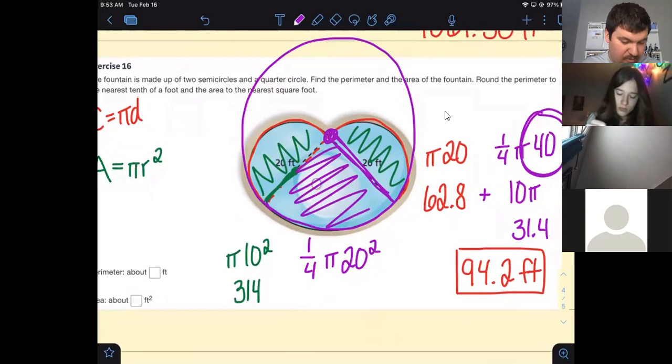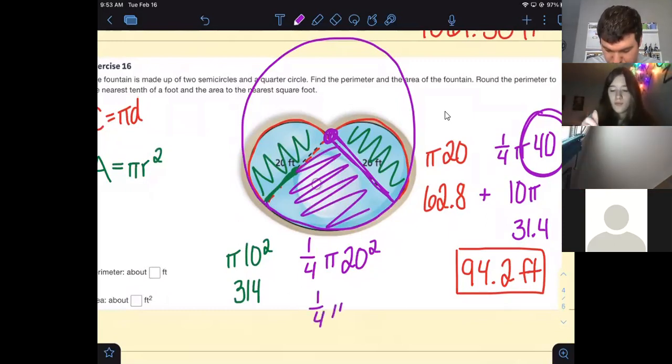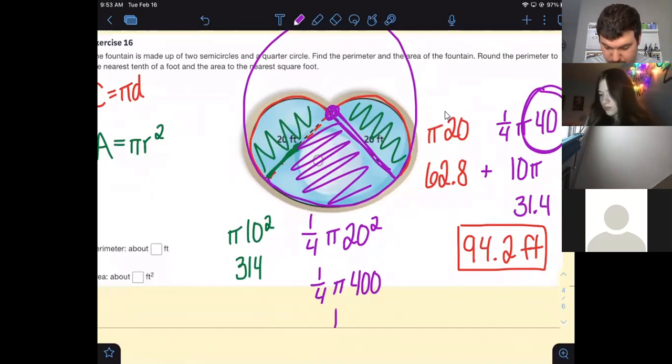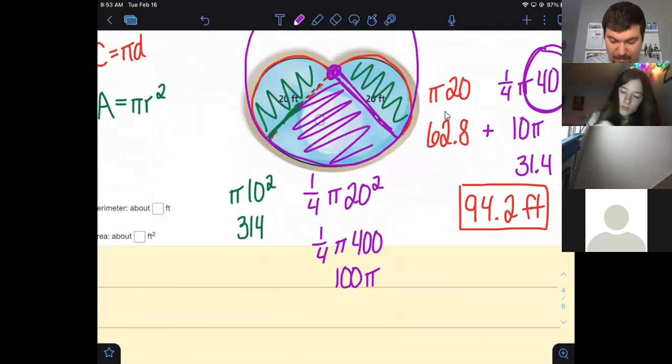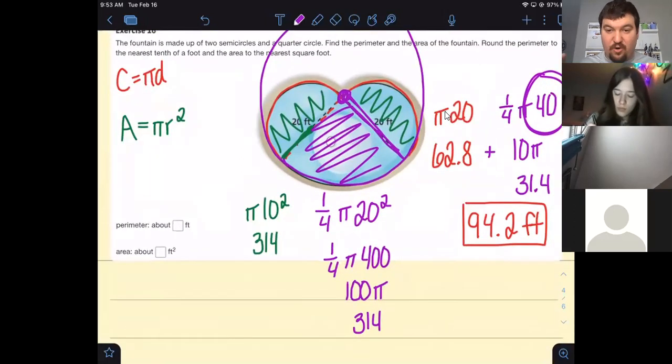So 20 times 20 is 400. Which makes this kind of easy, because 1/4 of 400 is just 100. And 100 times pi is exactly what we did when we did 10 squared times pi. And so that's going to give us 314 again. What's interesting is the quarter circle has the same area as the two semicircles combined.